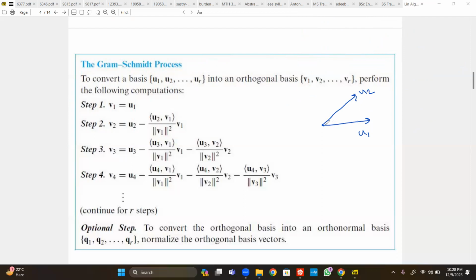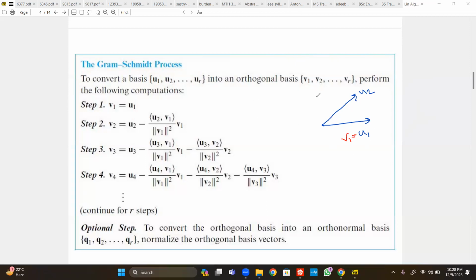You can just see that they are not multiples of each other, that is, they are not parallel, so they are linearly independent. Now, consider U1 equal to V1, and instead of U2, try to find another vector V2 so that V1 and V2 are mutually perpendicular.